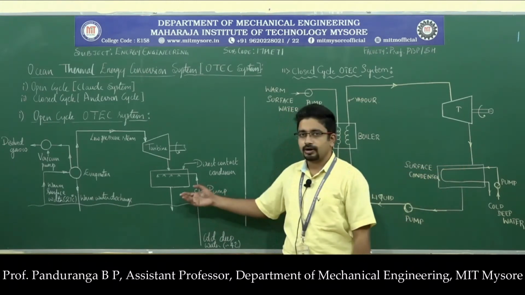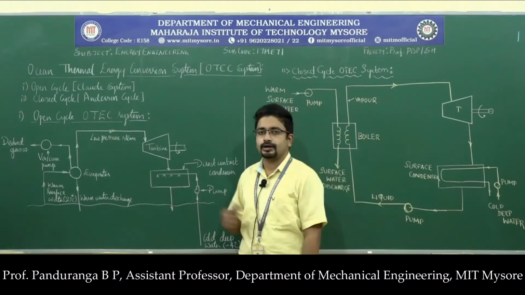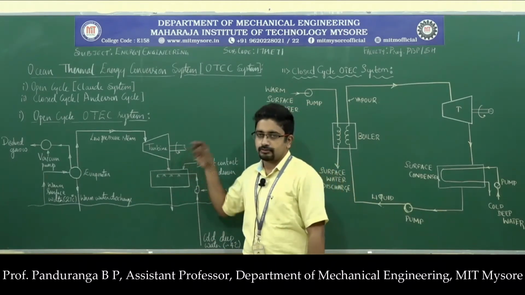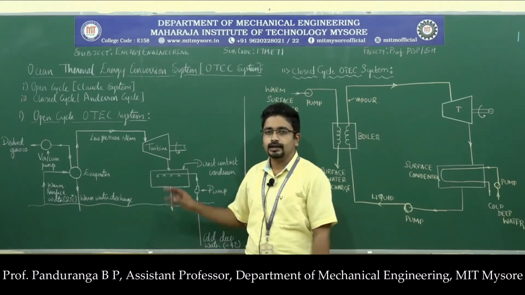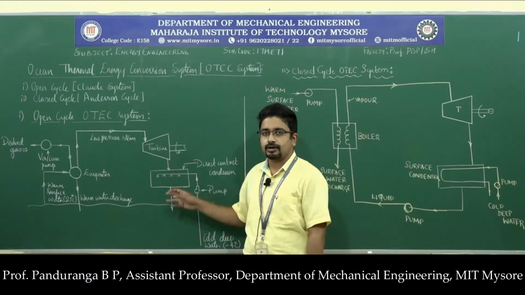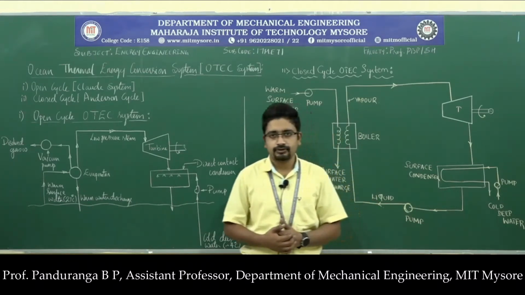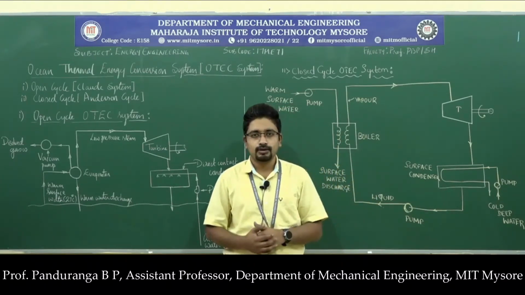In the case of open cycle, we had a direct contact condenser where the cooling water was sprayed directly over the steam coming out of the turbine. So there was direct contact between the two working fluids, that is the hot fluid and the cold fluid.